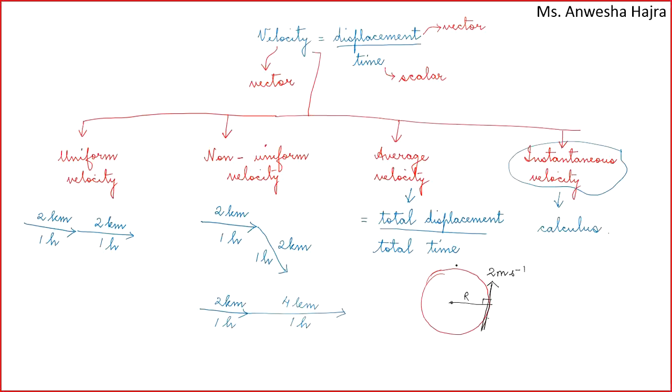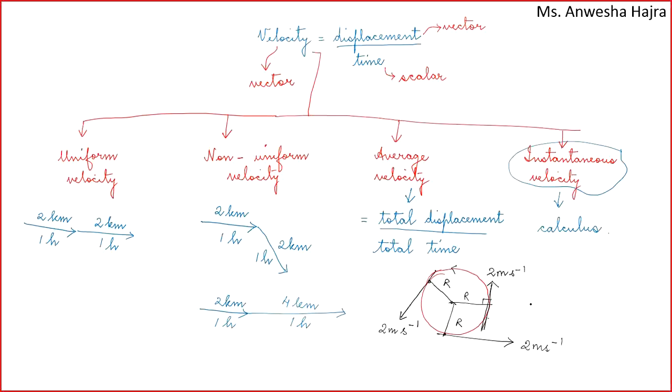Now see, it is 2 meters per second. When the body is moving in a circle, when the body comes over here, this is my radius. Speed is 2 meters per second, but the direction has changed. When the particle comes over here, this is the radius. This is 2 meters per second.